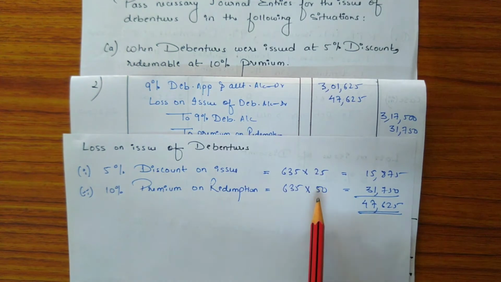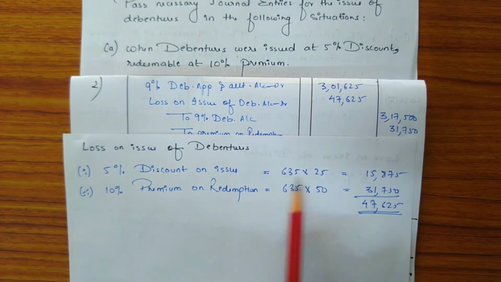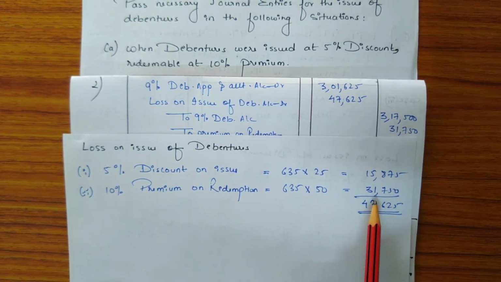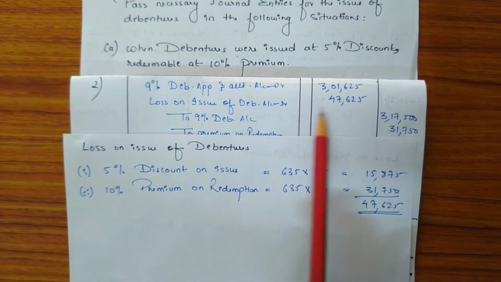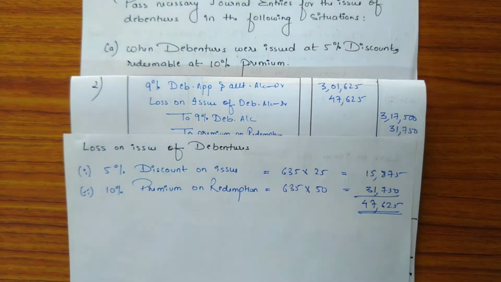Issued price was 500. So 10% of 500 is 50. So now the amount of premium on redemption will be 635 into 50 is equal to 31,750 and the sum of both the losses will be 47,625.